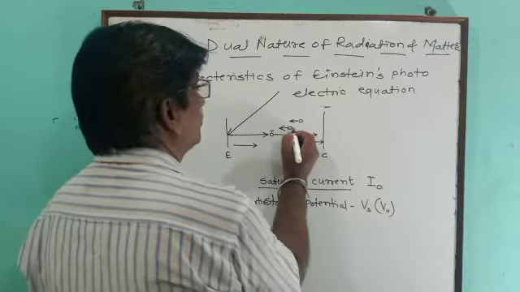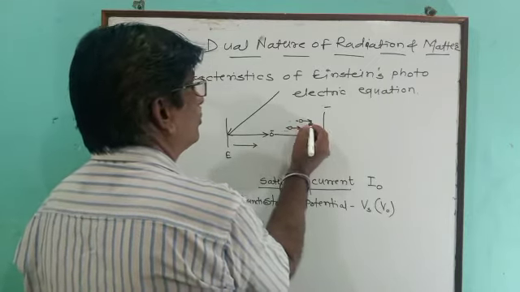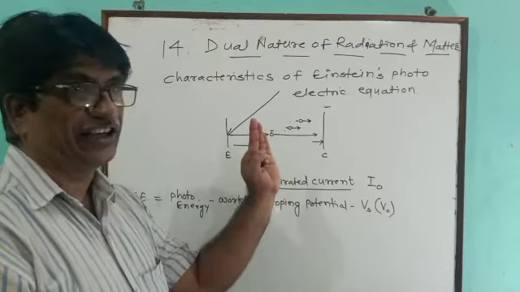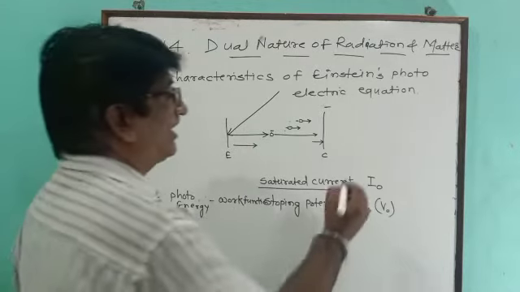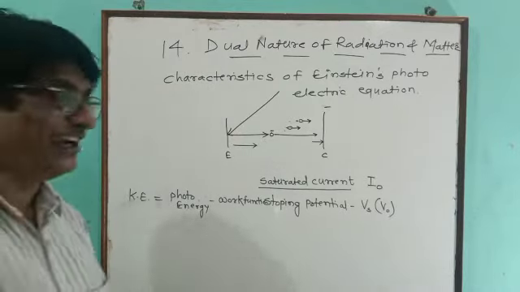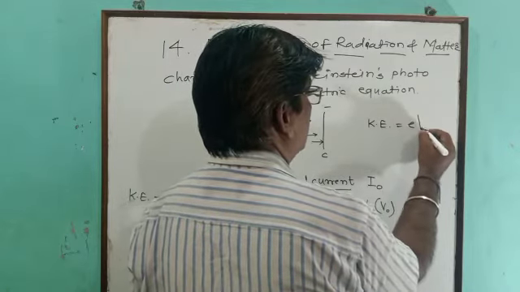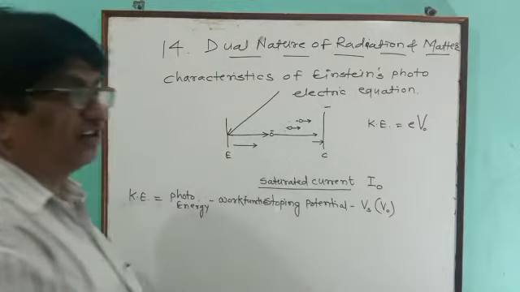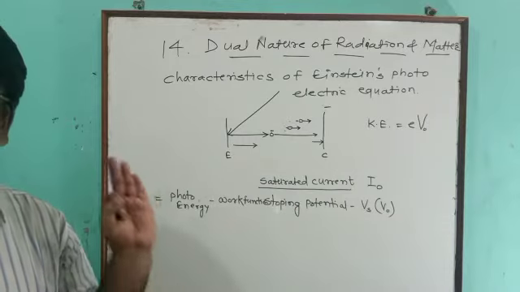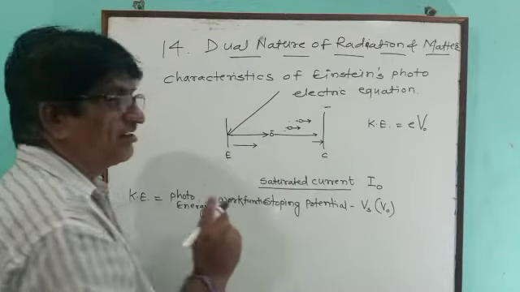So the kinetic energy is used to move the electron towards the collector, and the work done is stored in the form of kinetic energy. So kinetic energy is charge multiplied by stopping potential. That formula gives the maximum kinetic energy.